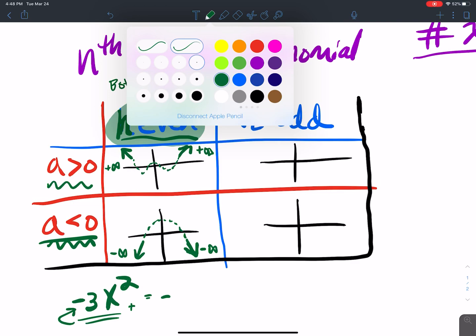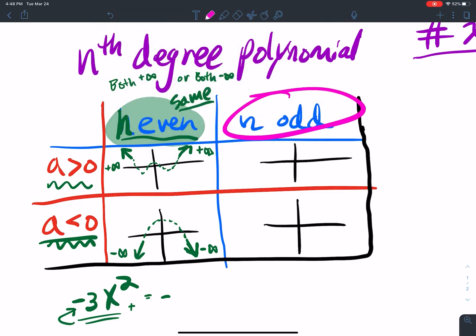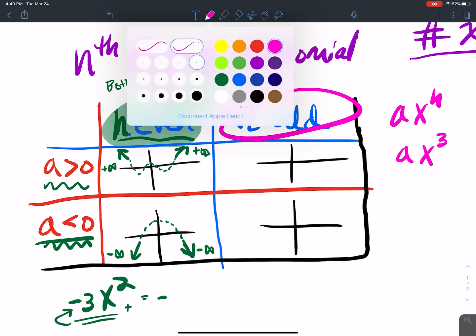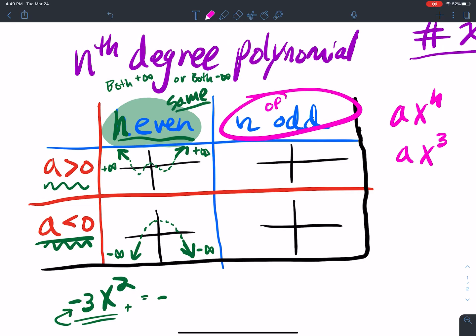Now, the last scenario here is when n is odd. If n is odd, so I have like ax to the n where n is odd, like ax cubed. Well, think about x cubed. Odd means opposite. That means if one side is going to positive infinity, the other goes to negative infinity.